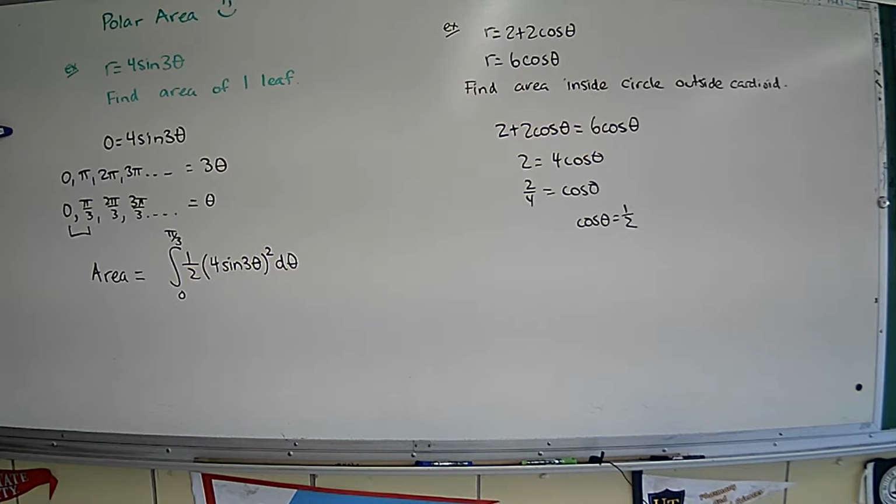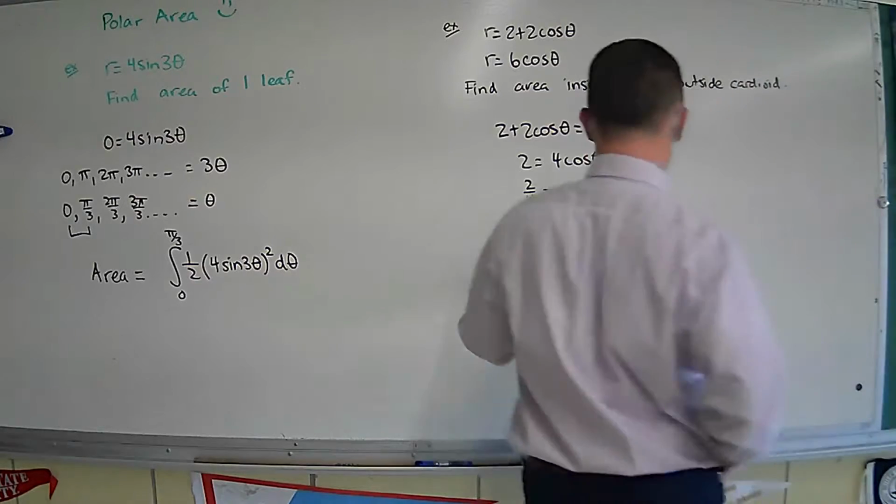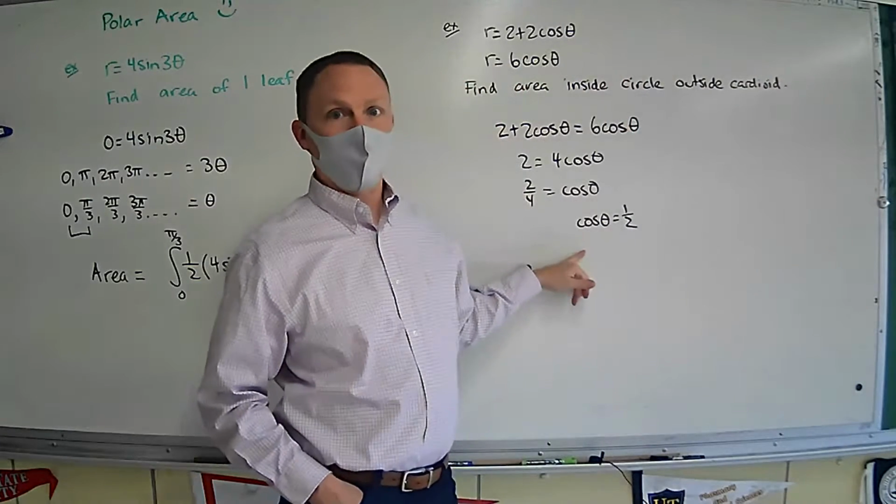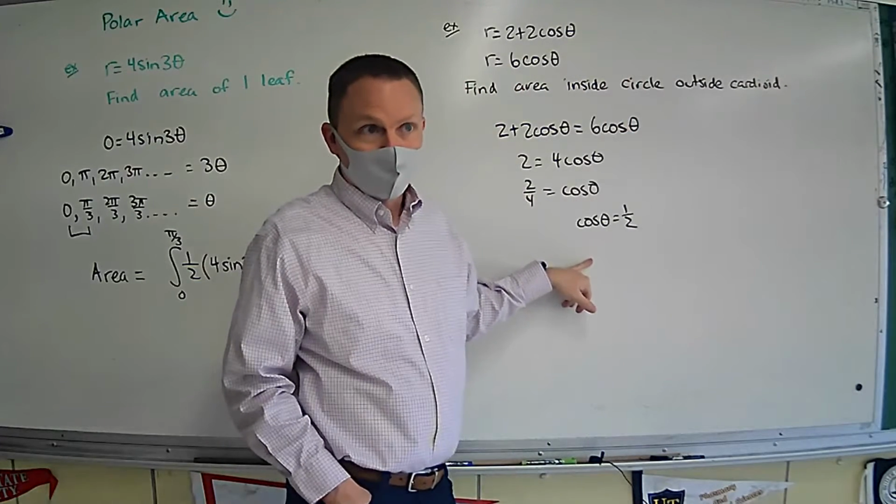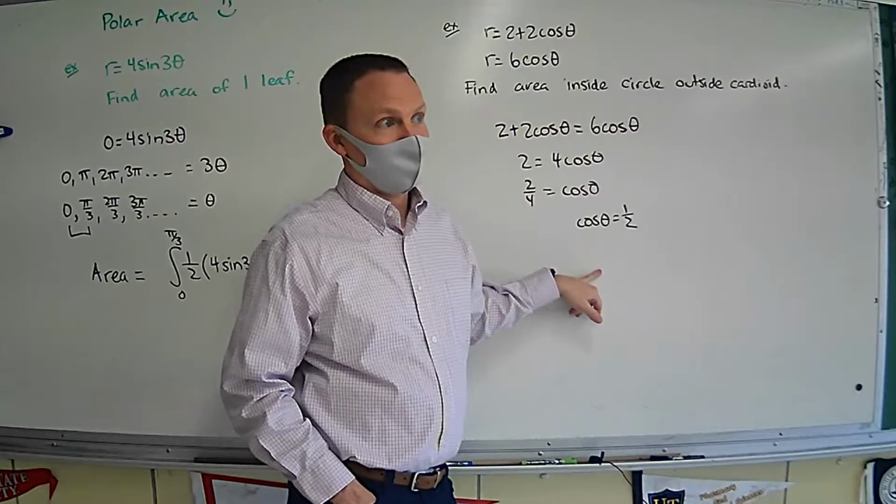The first and the fourth. Cosine's negative in the second and third. Okay, so we need angles that are in the first and the fourth quadrant. So what's the first angle that we're going to come up with? Well, where's the cosine equal to 1/2? We should know that. Maybe we don't remember.